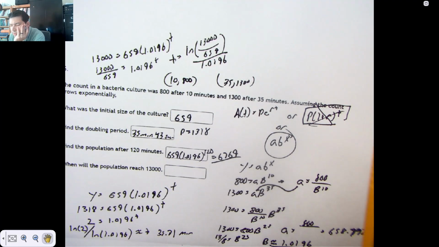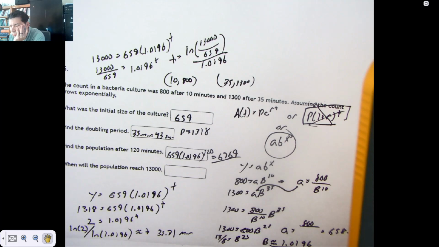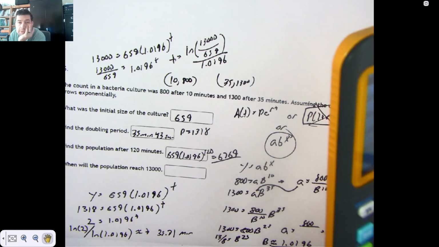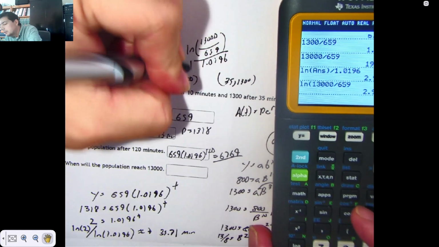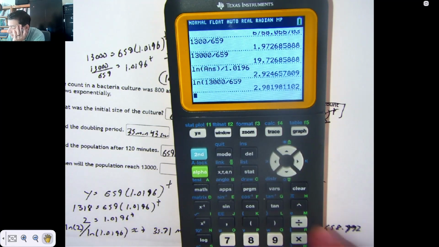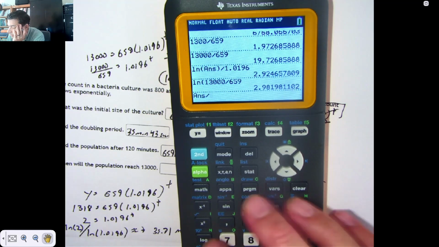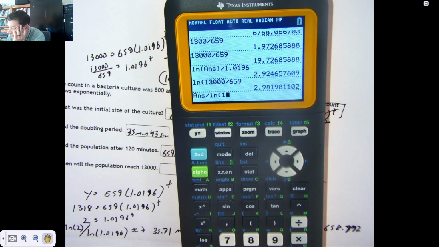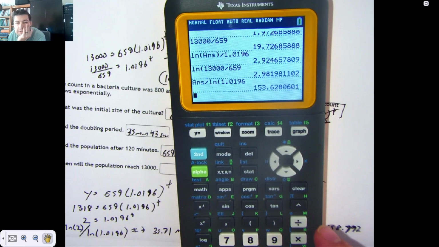Did I do too much at once? Oh, I'm a moron. That's what's wrong. I forgot the ln right there. Don't do math when you're this tired. Took me a second. That's better. About 154 minutes.